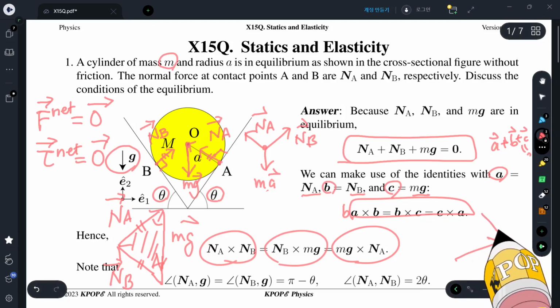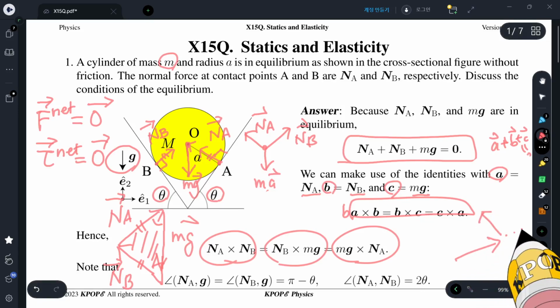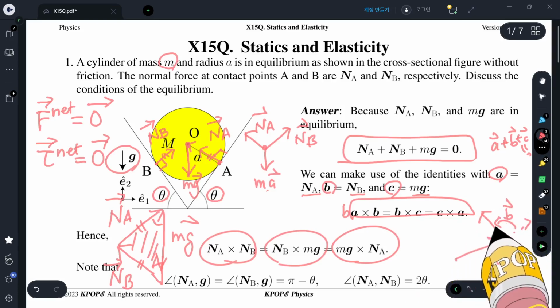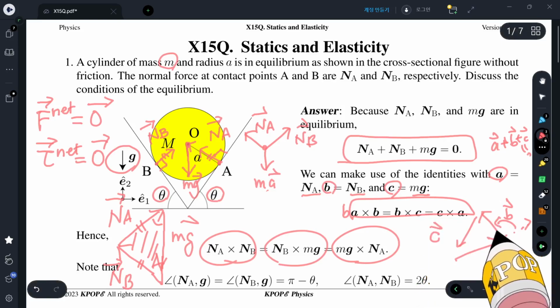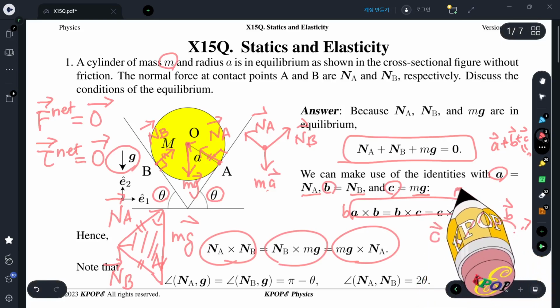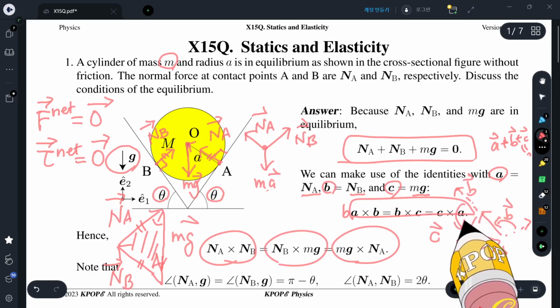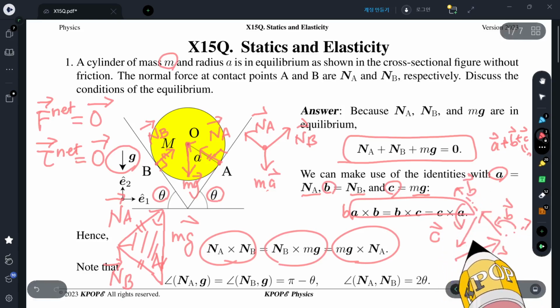A cross B, the orientation is positive, and B cross C, orientation is still counterclockwise, and C cross A, orientation is still counterclockwise.